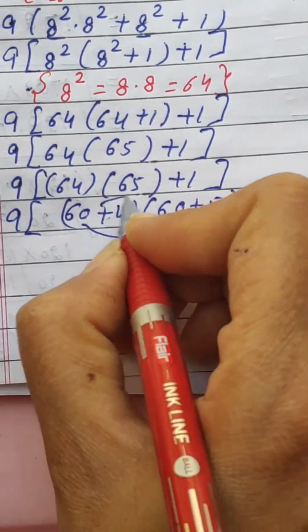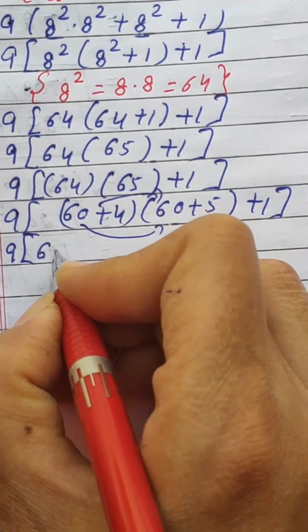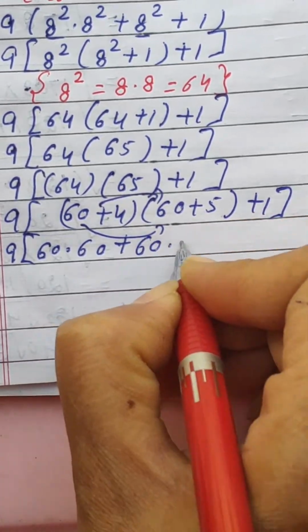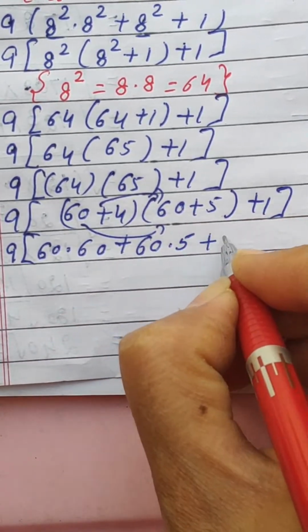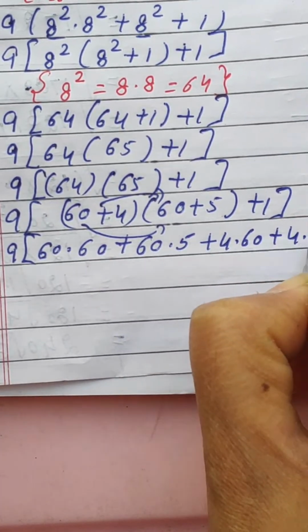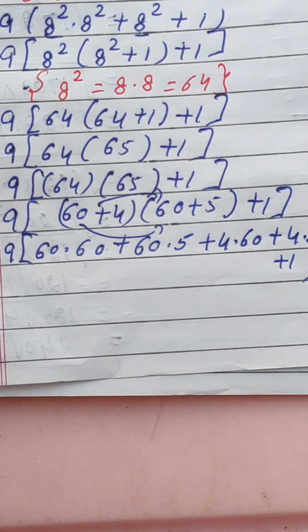So we just expand this. 9 times 60 into 60 plus 60 into 5 plus 4 into 60 plus 4 into 5 plus 1. Right?